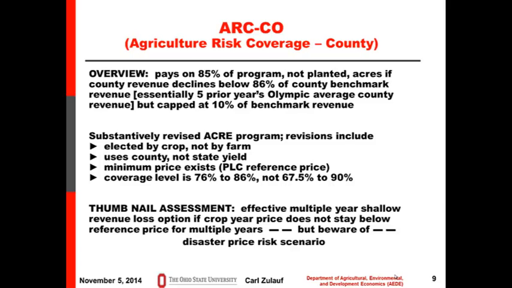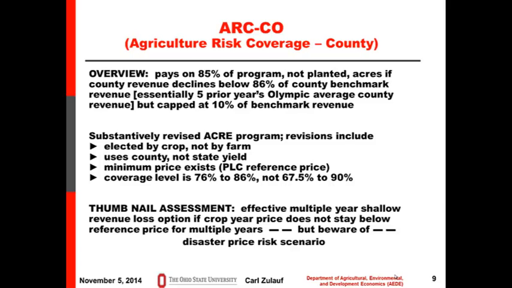But ARC-CO is capped at 10% of the benchmark revenue. So there is a maximum payment. It can't exceed 10% of the benchmark revenue. So if the benchmark revenue is $700 an acre, then the most that ARC-CO would pay would be $70. ARC-CO is a substantially revised acre program. There are many differences.